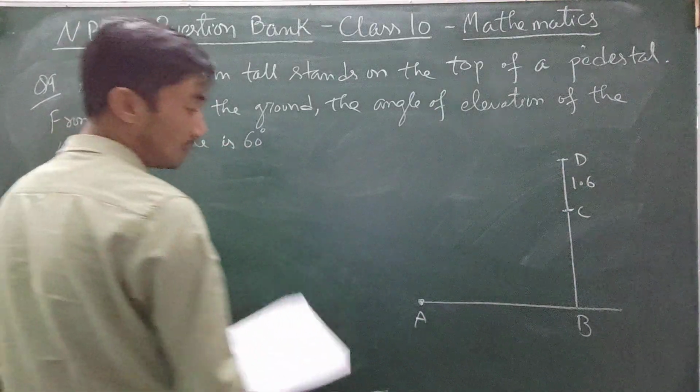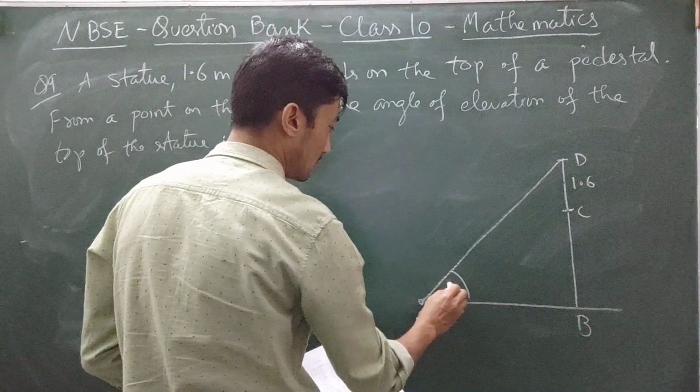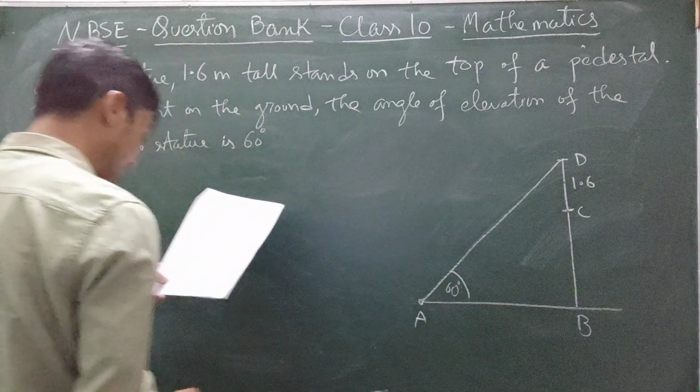This is the statue CD. So the angle of elevation of the top of the statue is 60 degree.